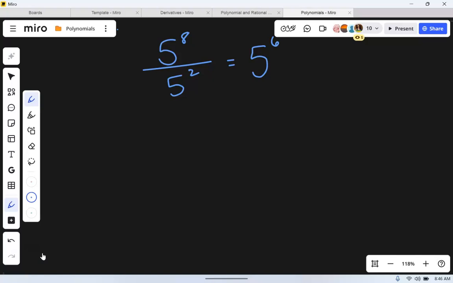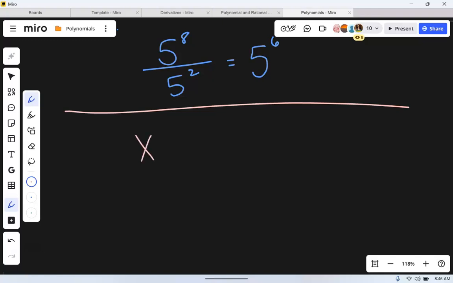Let's stop here for just a second and do an example that involves both of these. Simplify.